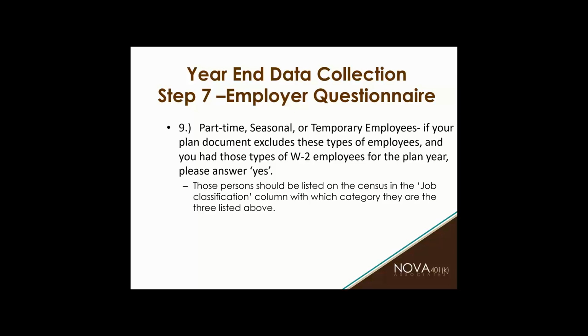And then there is a column on the census template called job classification, and please list which one of these 3 items they are. So if that employee was seasonal, under the job classification column, type seasonal. Same with temporary or part-time. We need that information to be able to correctly test your plan for those exclusions, okay?